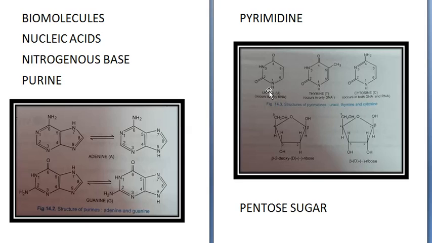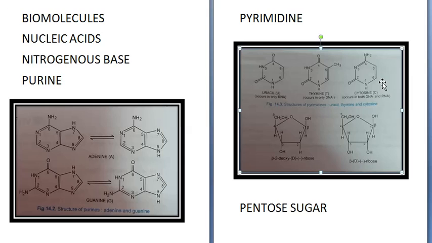First is uracil, which is represented by U, thymine T, and cytosine C. Now DNA contains adenine, guanine, thymine and cytosine, so A, G, T and C. Whereas RNA contains adenine, guanine, uracil and cytosine: A, G, U and C. Alright, the chemical structure detail you don't have to go into, because only the superficial information is there for your syllabus.